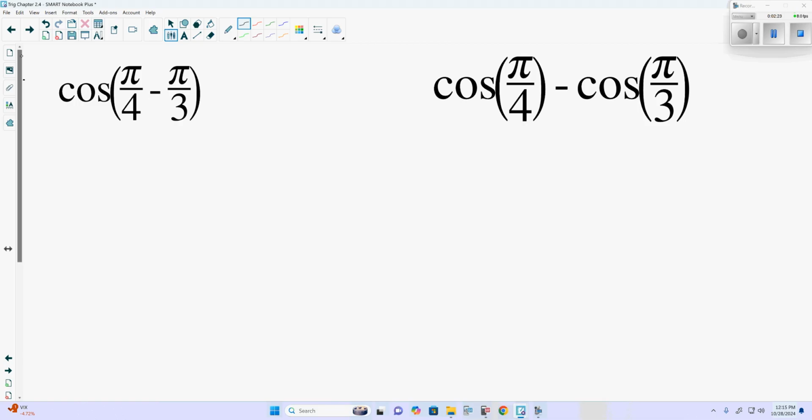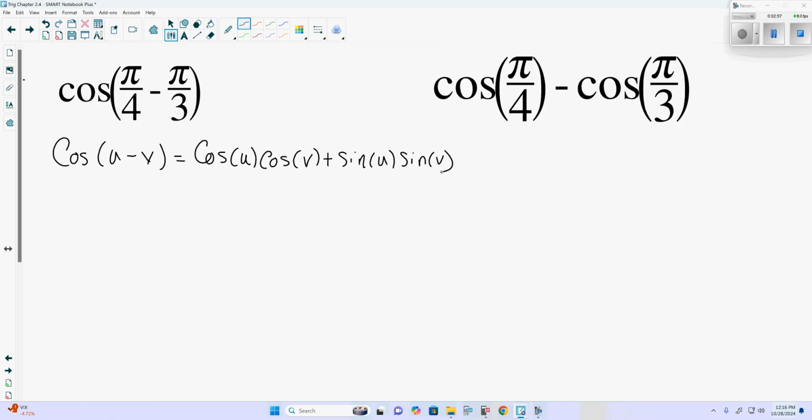So the first one we're looking at is cosine of pi over 4 minus pi over 3. Well, this lines up with our difference formula, cosine of u minus v, which is cosine of u cosine of v plus sine of u sine of v.